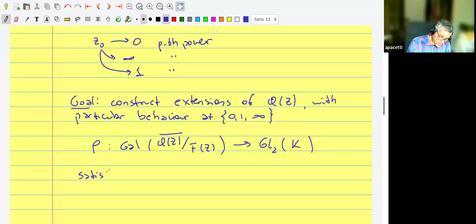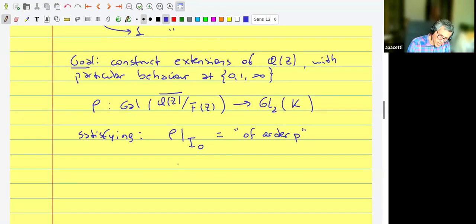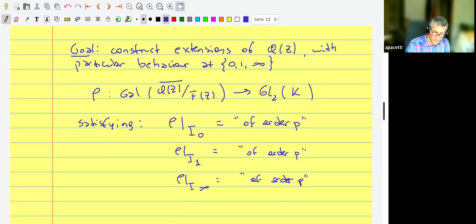Satisfying that when you compute the inertia at 0, you'd like it to be, ideally, of order p. Inertia at 1, we'd like ideally to be also of order p. And inertia at infinity of order p. Okay?